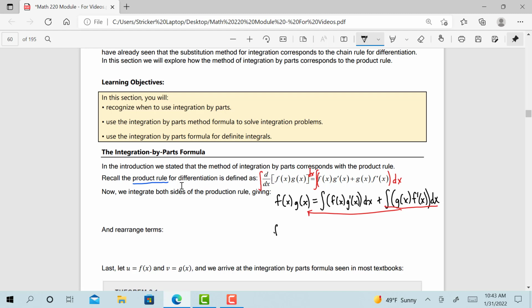Okay, so if I move that integral on the right-hand side over to the left side, we get f of x times g of x minus the integral of g of x times f prime of x dx, and that should be equal to what's left on the right side, which is the integral of f of x times g prime of x dx.